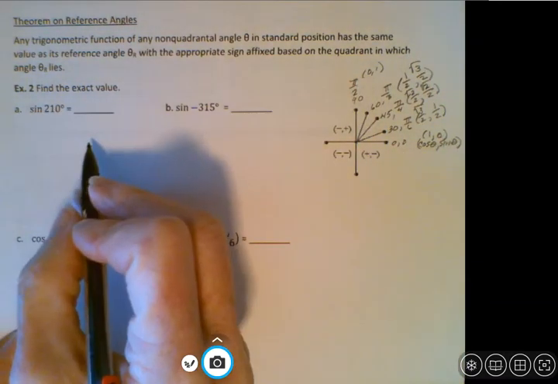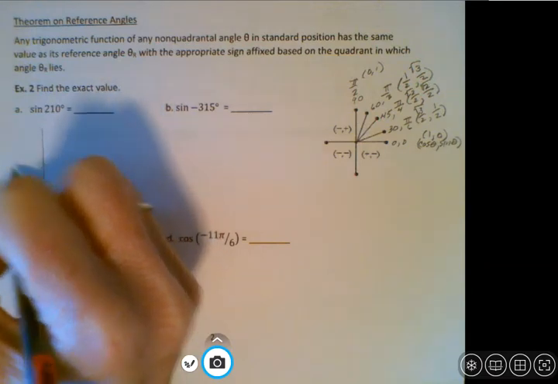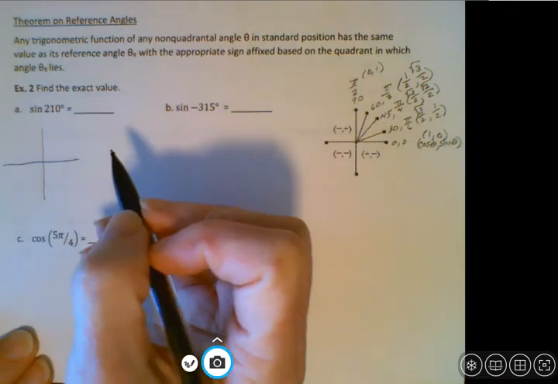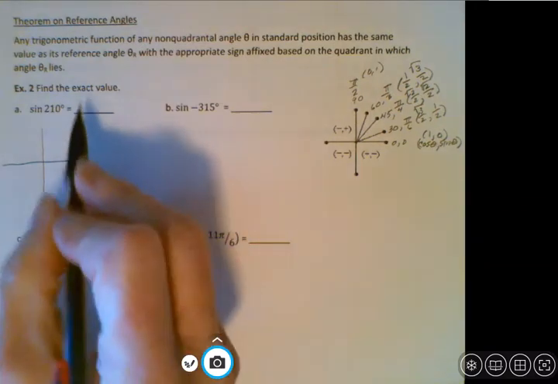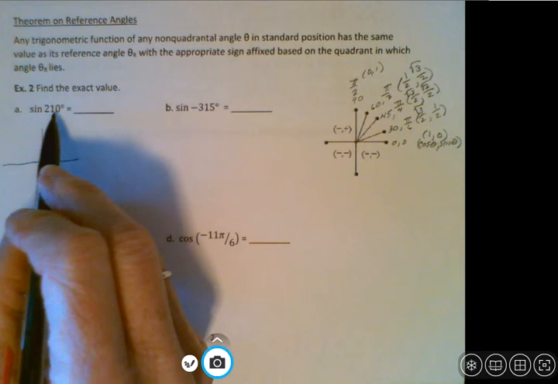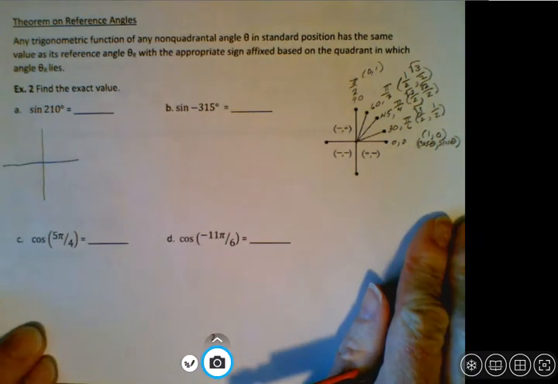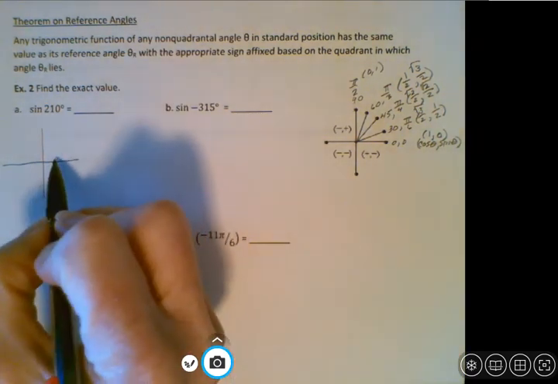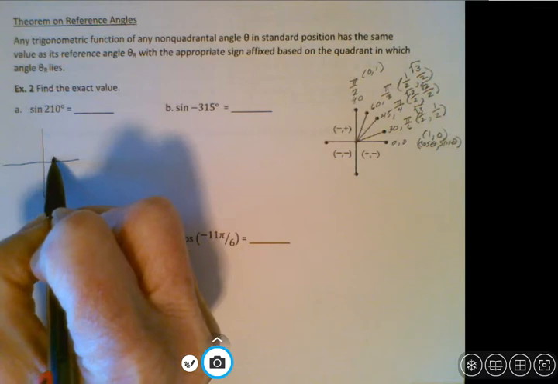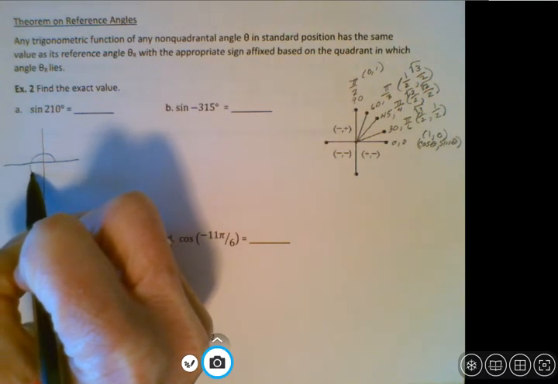Okay, sine of 210. So we want to know what is our exact value for sine of 210. All right, so we want to find that reference angle. Okay, sine of 210 is not one of these acute angles here. So we're going to try and find the reference angle. Where is 210? 210 goes through 90, through 180, and 30 more, right?